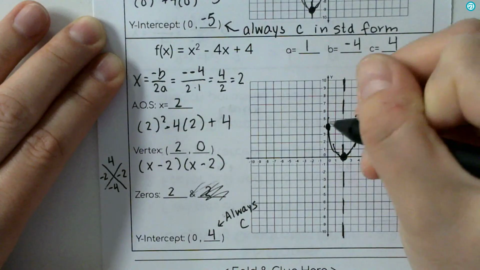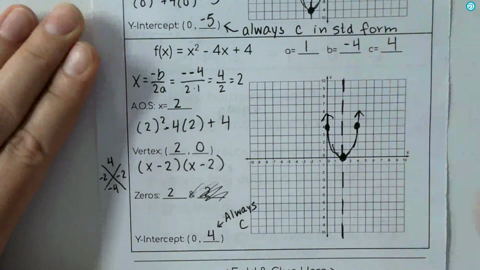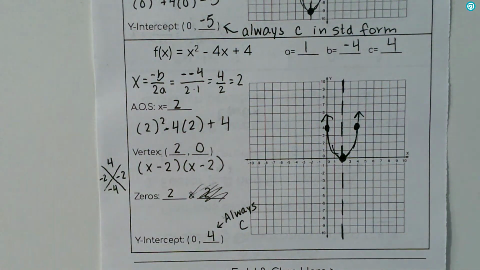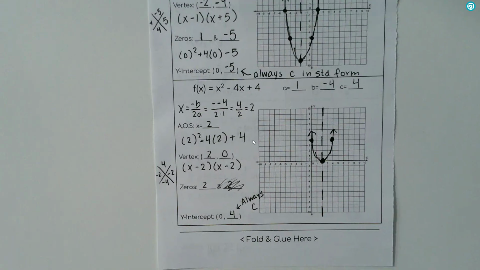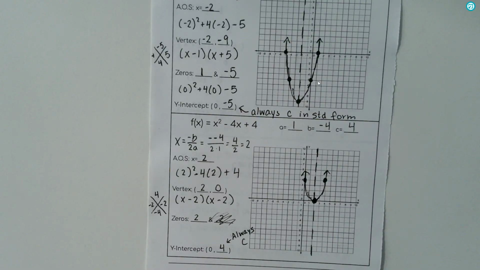Okay, so I could only fit 3 examples on here, so we only have one example where we have all 5 points. If your zeros happen to be your vertex, then those points are all the same.